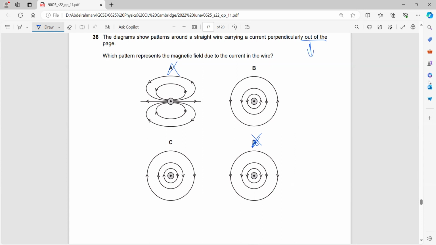When it's out of the page, it's anti-clockwise. When it's into the page, it's clockwise, as in C. So the anti-clockwise one here is B. Out of the page, anti-clockwise. It's as simple as that.